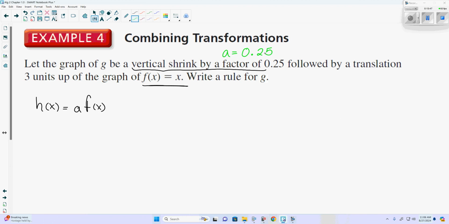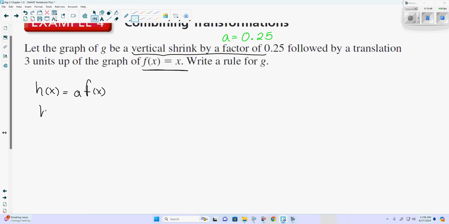Our next step is we will plug the 0.25 in for a. And since this is the first one we're doing, I'm just going to write it out as 0.25 times our f of x.